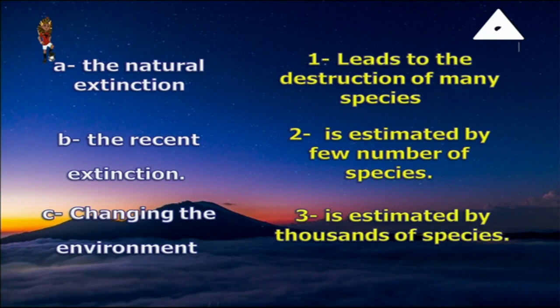As you see, my dear students, we have two similar statements, natural and recent extinction. So this is what we're talking about, the number of extinct species. The natural extinction is estimated by few number of species. However, the recent extinction, it is unnatural extinction, so it is estimated by thousands of species. And finally, the question for changing the environment, it leads to the destruction of many species.